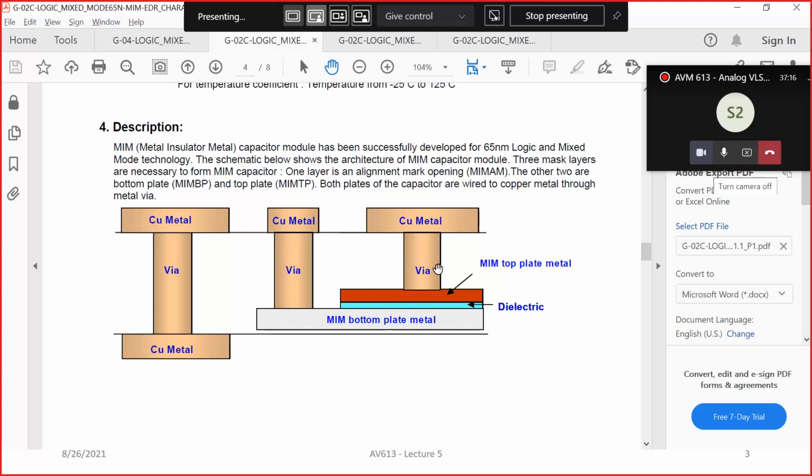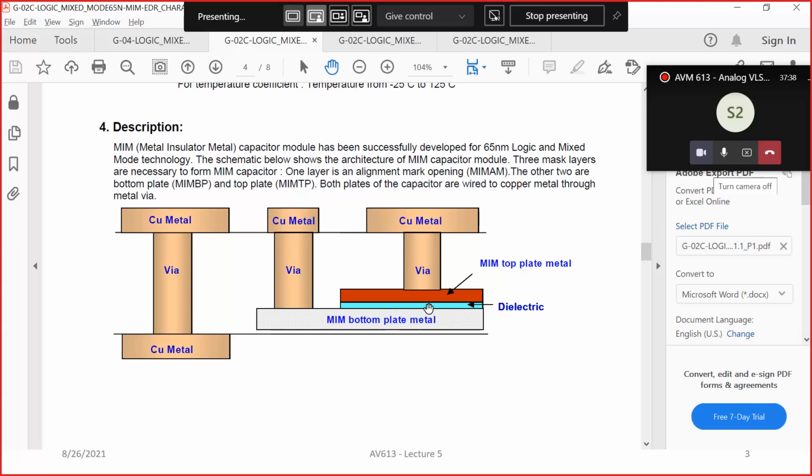That is, if you have a 1 micrometer by 1 micrometer MIM capacitor, the capacitance offered here is only 2 femtofarad. So typically capacitors on chip are quite low in value. You cannot have microfarad range capacitance or even nanofarad range capacitance. Maximum you can go up to a few picofarads of capacitance.